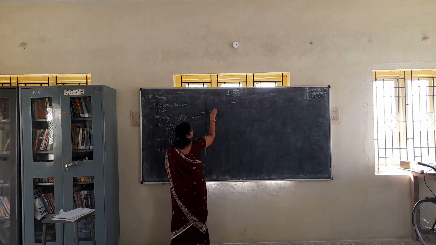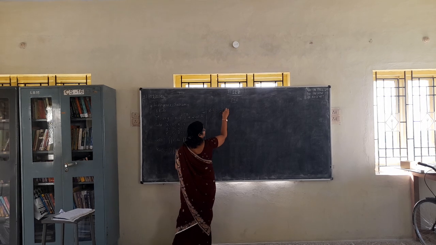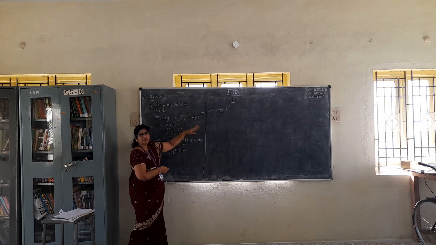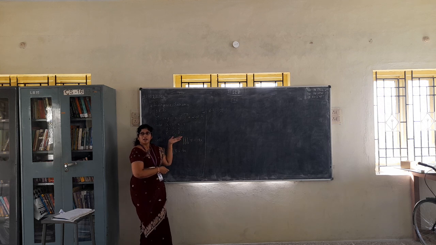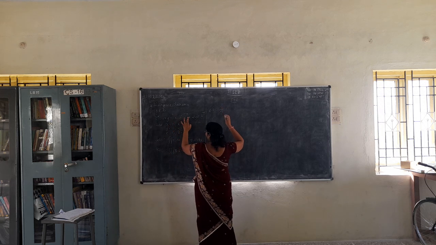Del dot f vector is equal to dou by dou x into x vector. So here it is given as i j k, so let us change i vector, j vector, k vector to x y z.